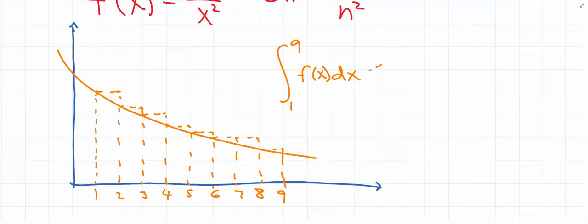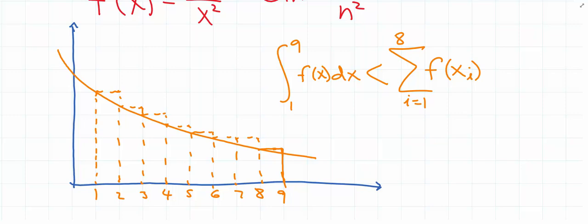The integral is less than f of 1 times 1, plus f of 2 times 1, and so on. In other words, the area of these rectangles is greater than the area bounded by the curve and the axis. So we could say this is the sum of f of x sub i, where i goes from 1 to 8, because 8 is this last rectangle. The height of the last rectangle is f of 8. That's definitely true.